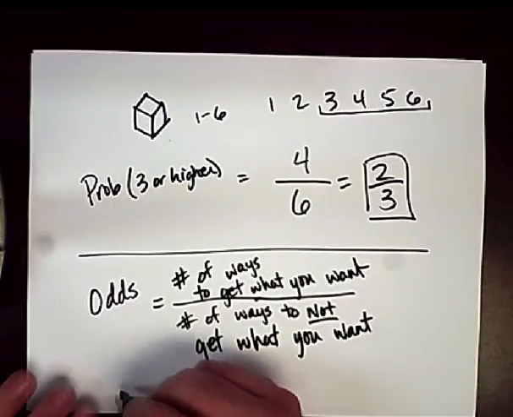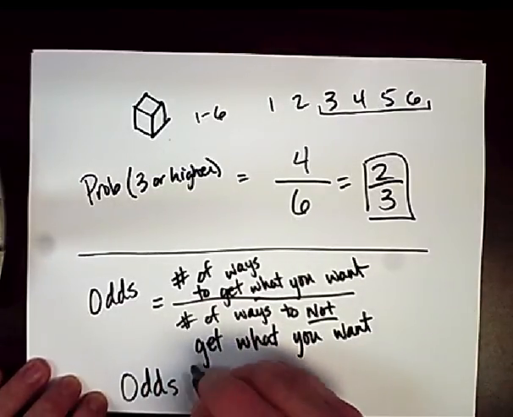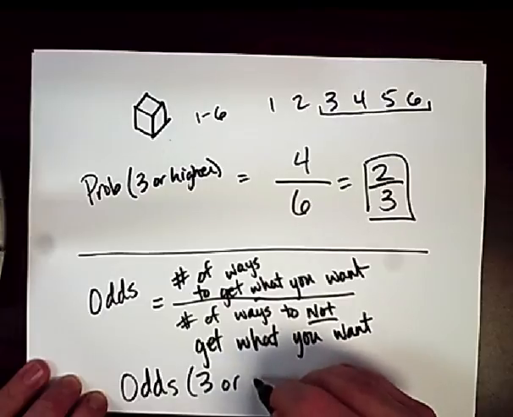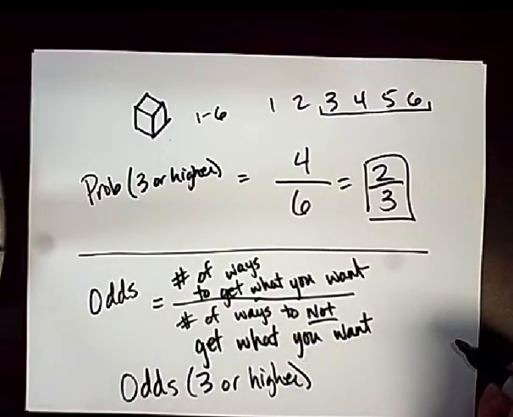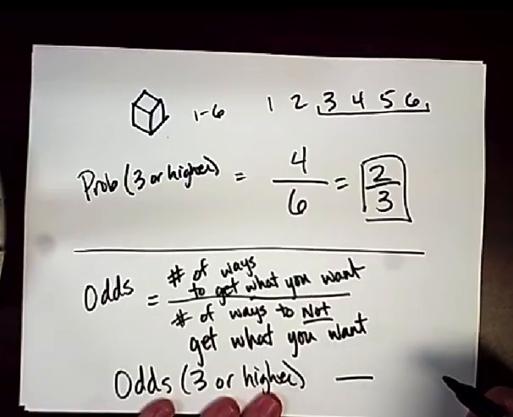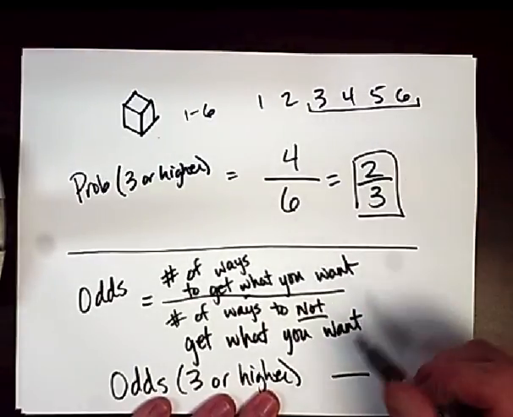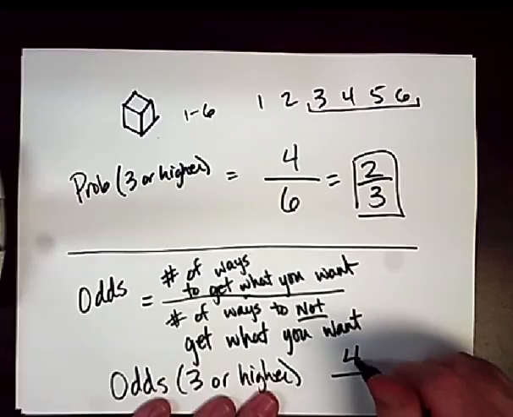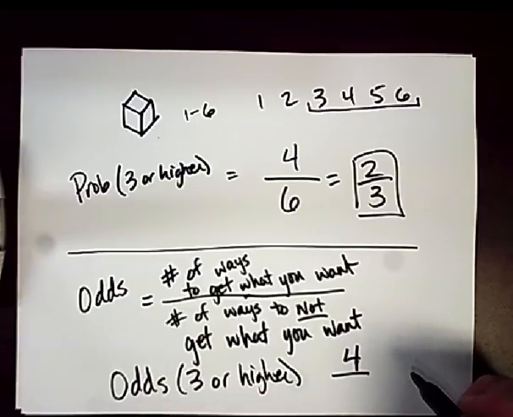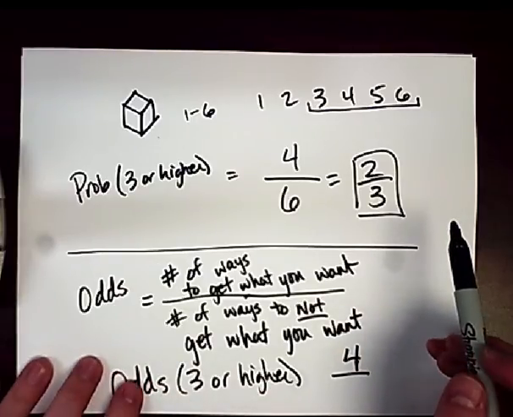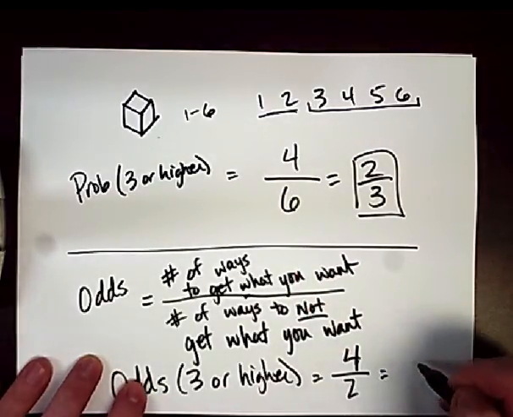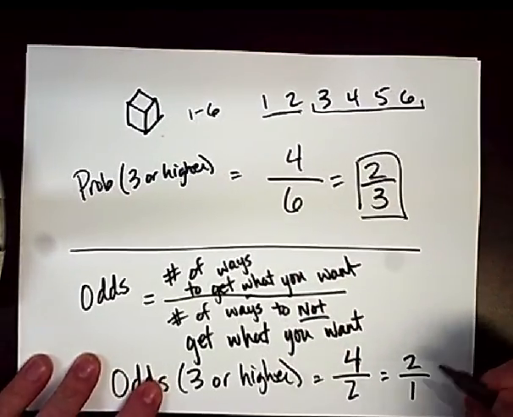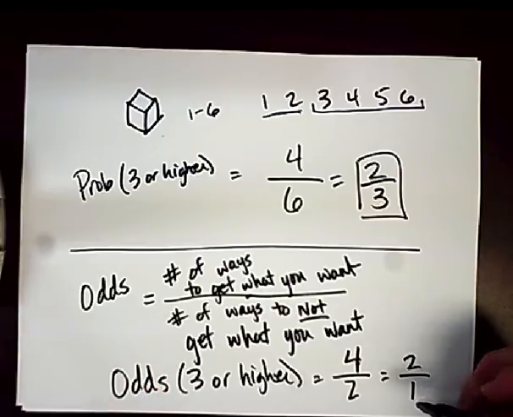So what if I ask you the odds of rolling a 3 or higher? Okay, well, the number of ways to get what you want is 4. Over how many ways can you not get what you want? Well, that would just be these 2. So 4 over 2 is 2 to 1. So you would say that there are 2 to 1 odds that you will get a 3 or higher.